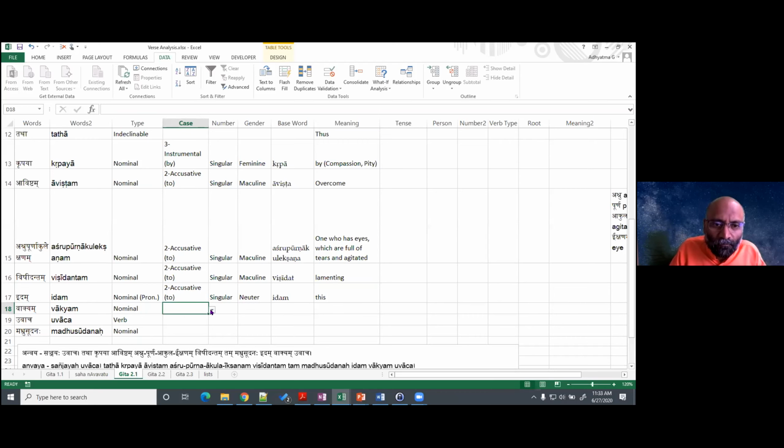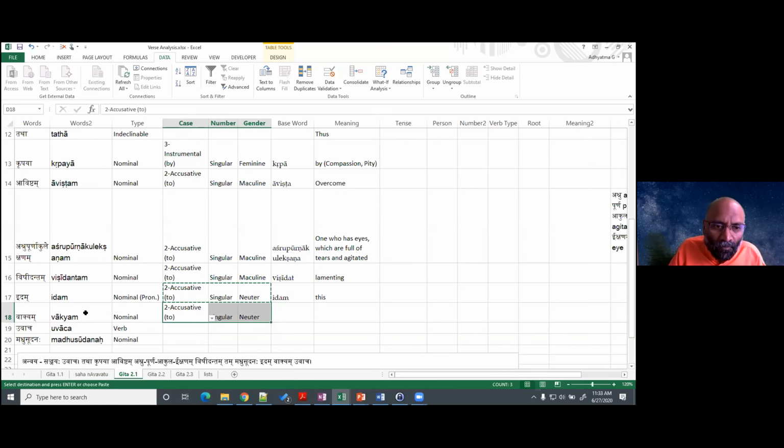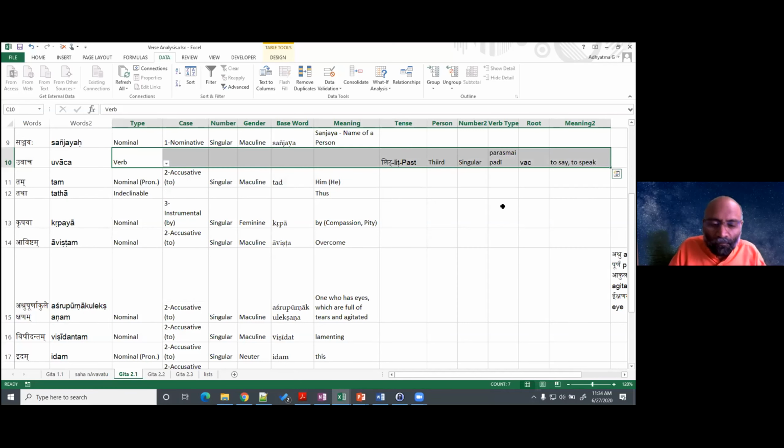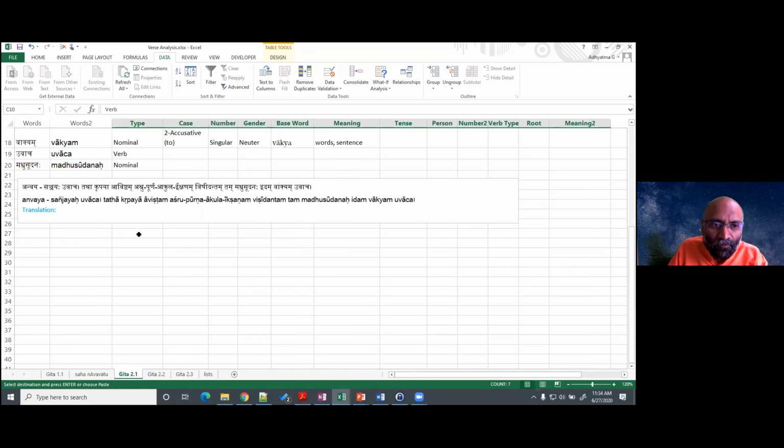Vakyam is also accusative, singular, neuter, and it means words, sentence. Uvacha, we have already covered this. This is a verb form. So I'll just copy and paste from there.